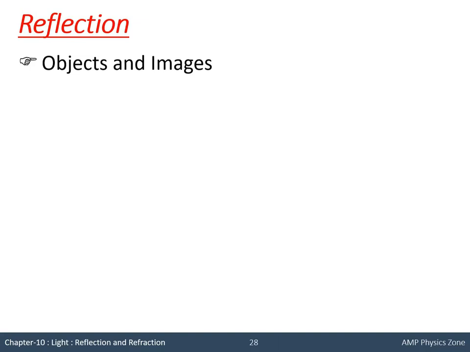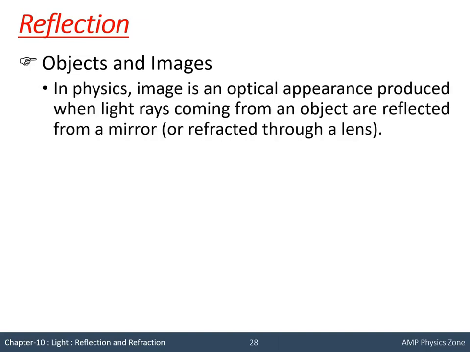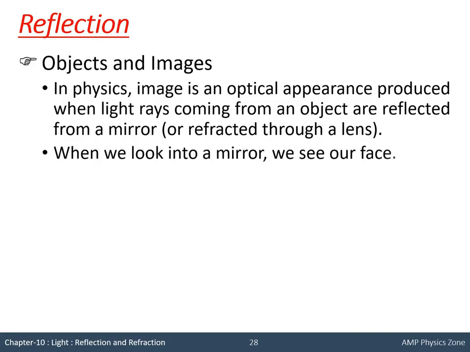Now image. In physics, an image is an optical appearance produced when light rays coming from an object are reflected from a mirror or refracted by a lens. So image is an optical appearance. We can understand this better by an example.